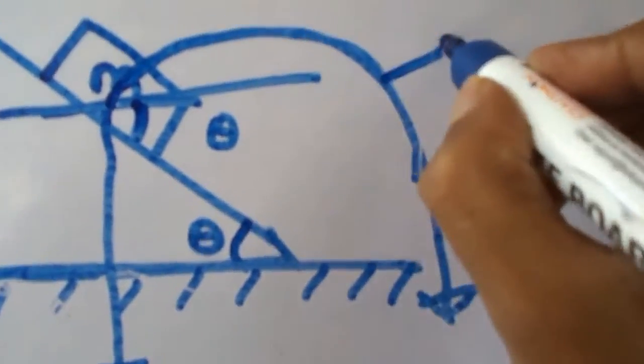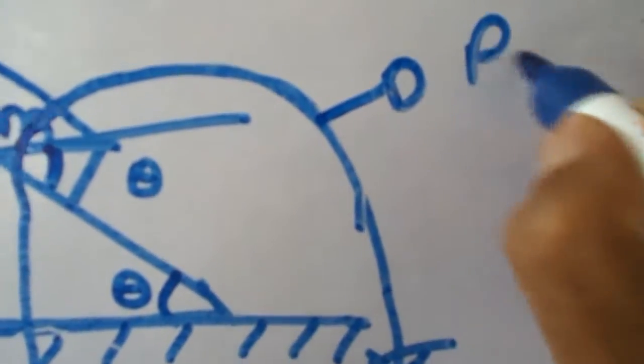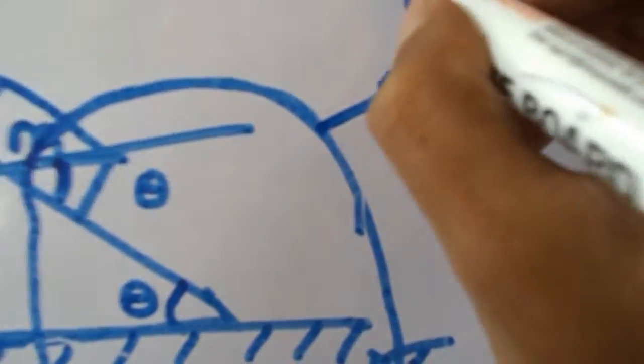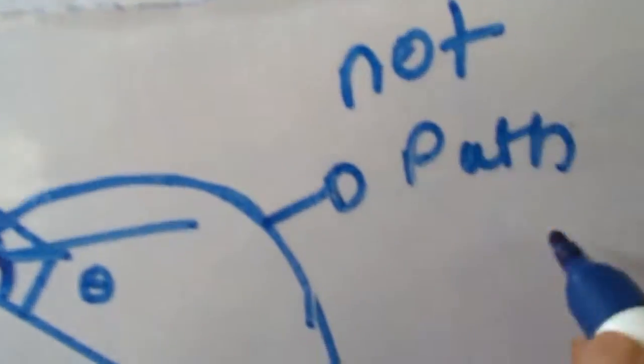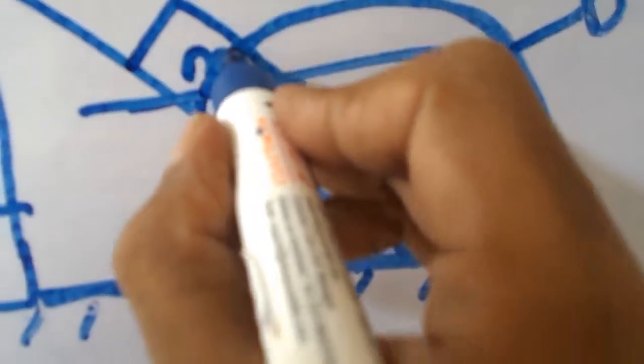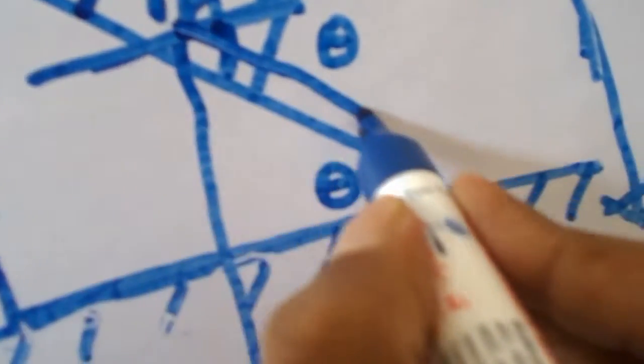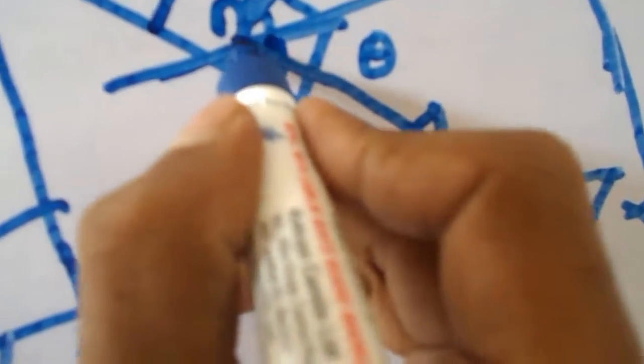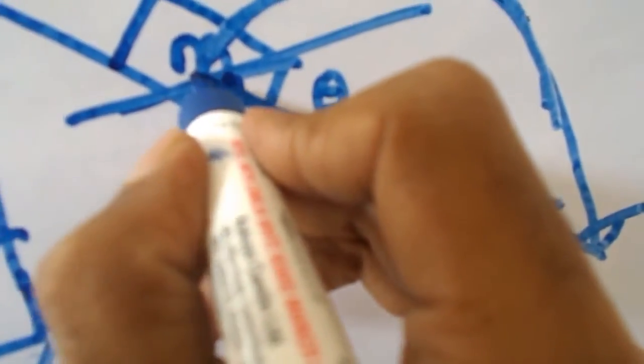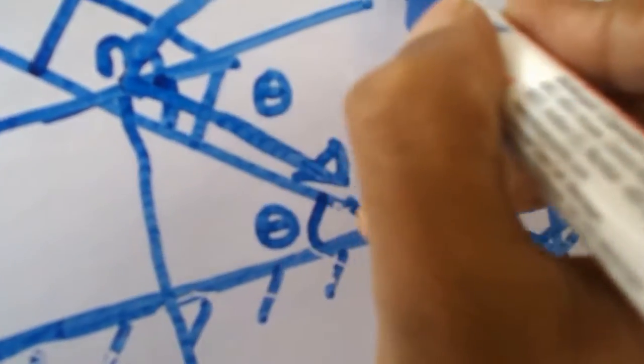The particle will not move in this manner. What is the path of motion? The particle will move in this direction. It does not start flying in the air and fall down in this manner.